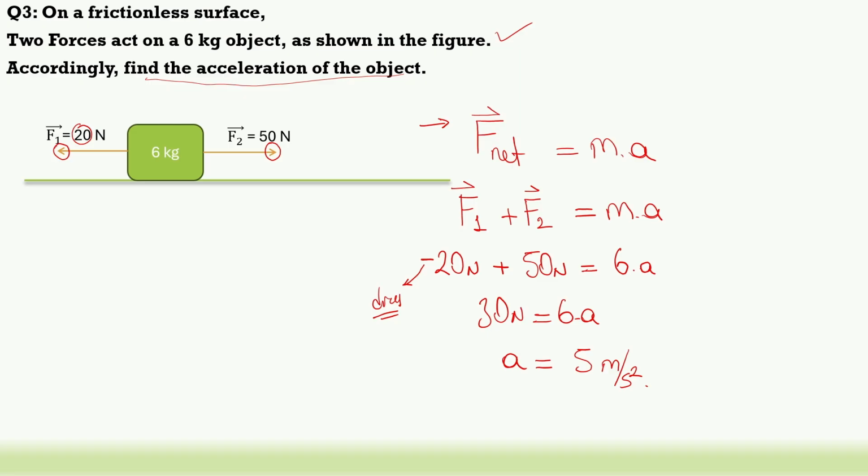Okay, and F2 is in the positive direction, so I am writing positive 50 Newton. After that, I am calculating the acceleration, and let's talk about the acceleration. As you can see, positive 5 meter per second square. What does it mean? This positive sign again shows us the direction of the acceleration. This object accelerates 5 meter per second square in the positive direction.